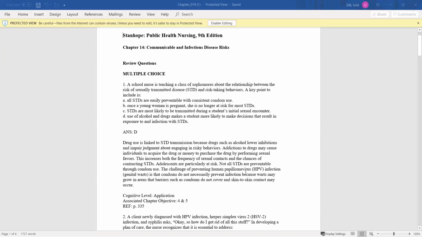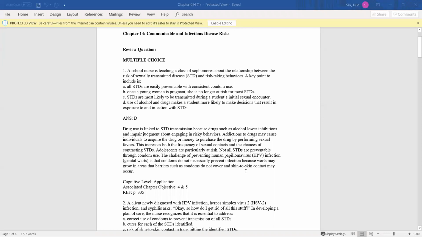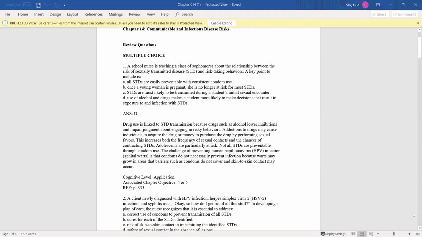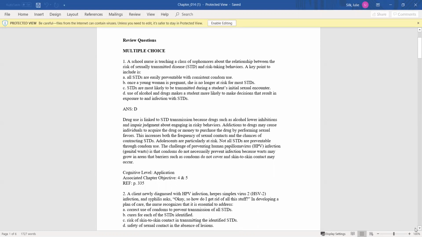All right. A client newly diagnosed with HPV infection, herpes simplex virus 2 infection, and syphilis. Gee whiz. They ask, okay, so how do I get rid of all of this stuff? In developing a plan of care, the nurse recognizes that it is essential to address.